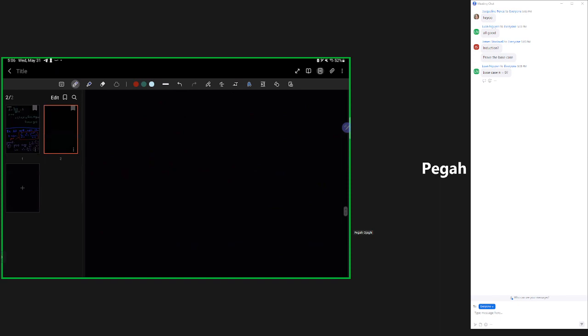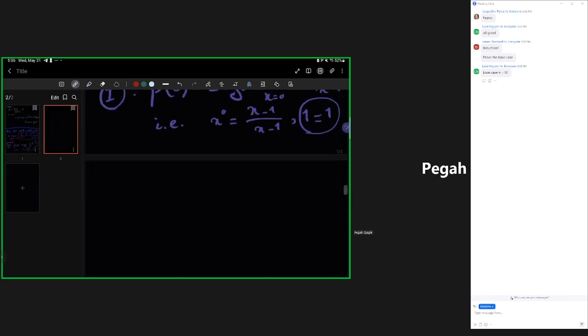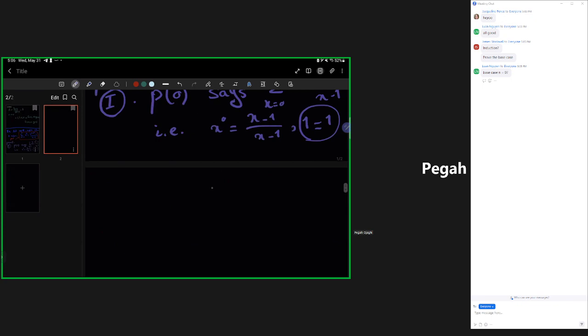Then what we need to do? What is the second step? If you show the base case holds, what do you do next? Why P1?